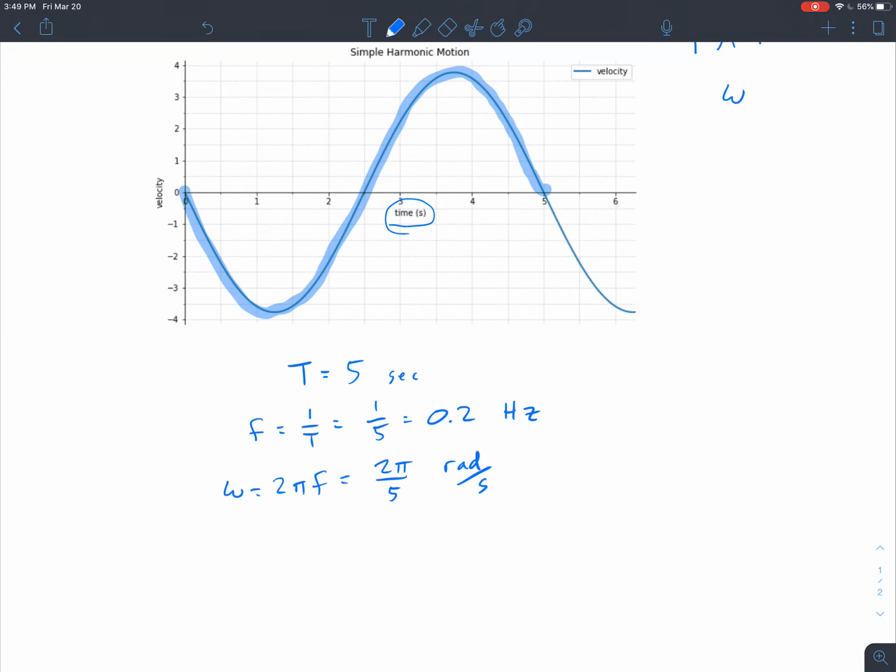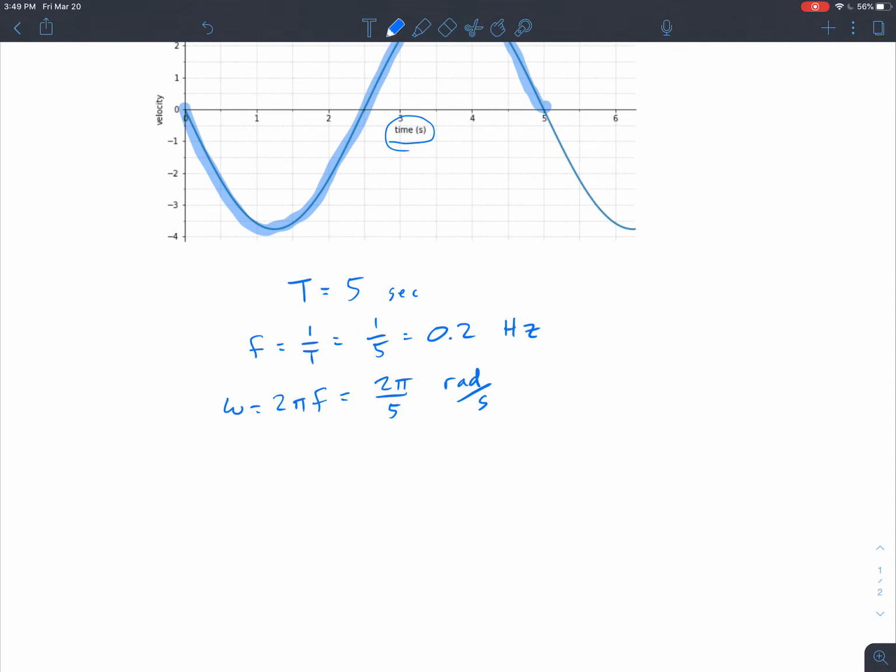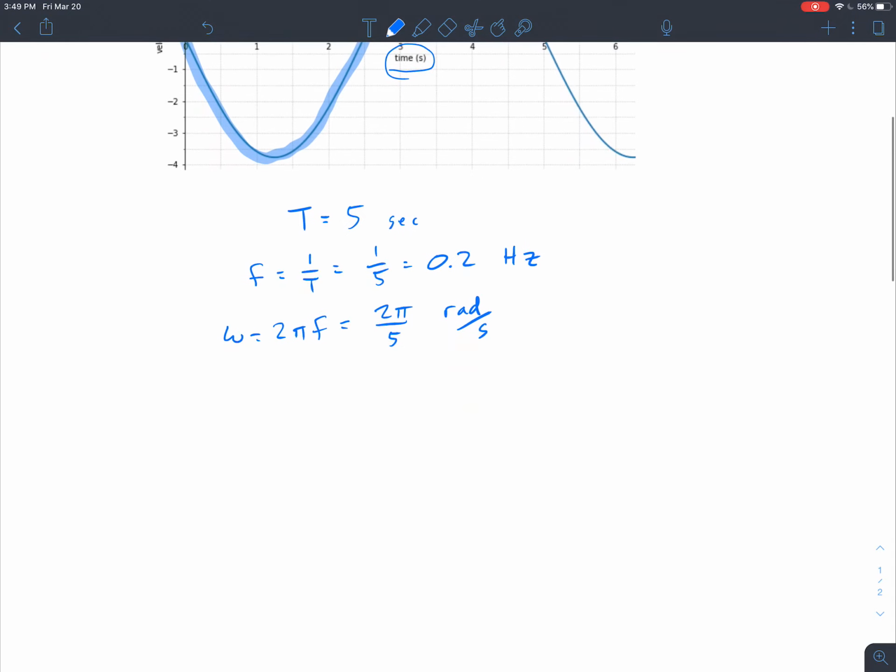The only little tricky thing is when we're looking for the amplitude, okay? So when we have our position, or if we're talking about pendulum, it would look something like your amplitude times some trig function of omega t.